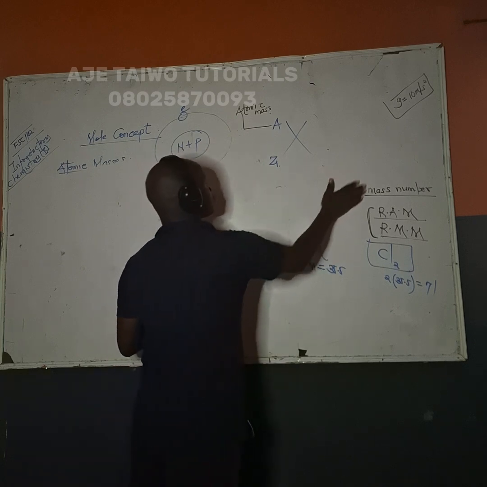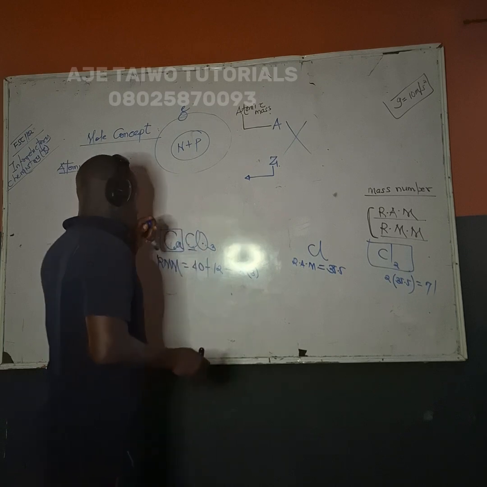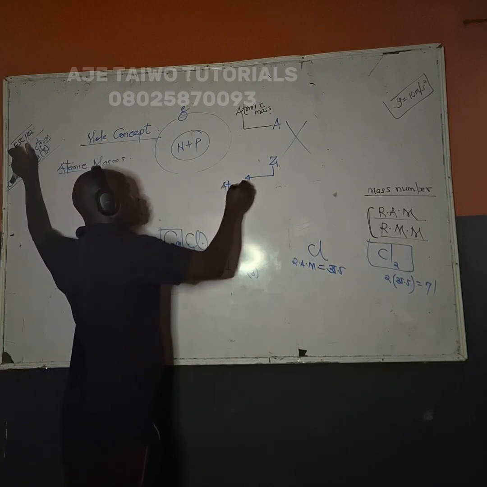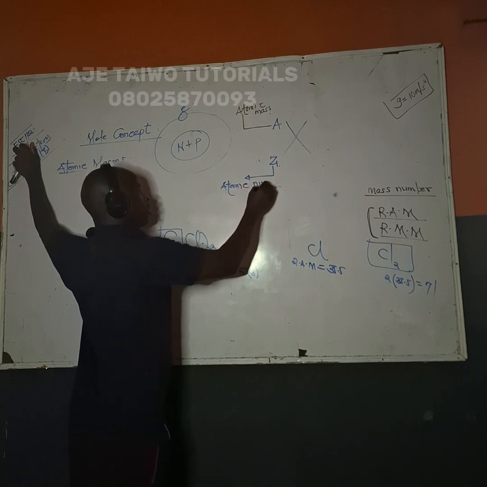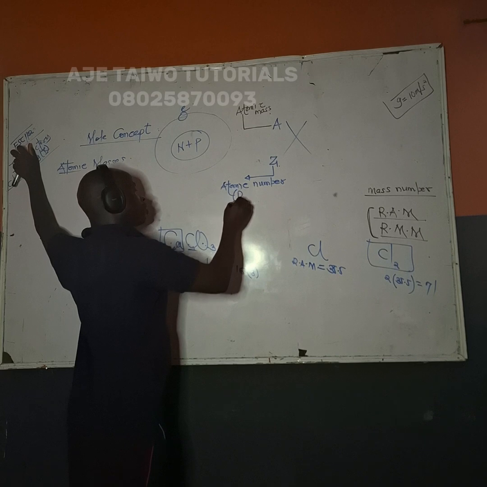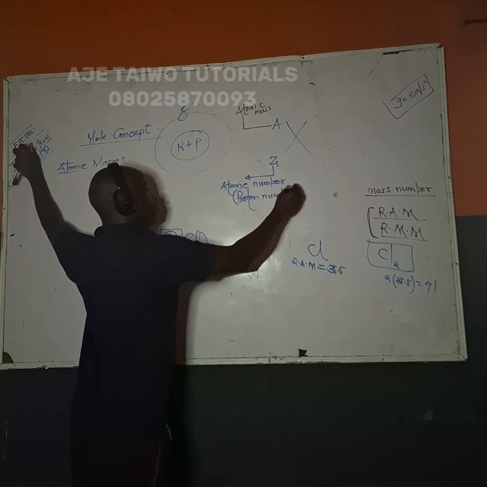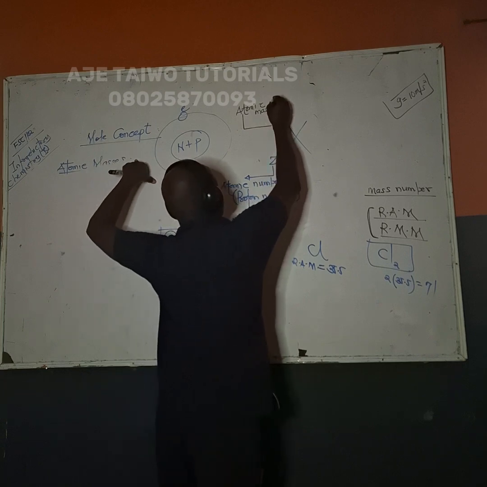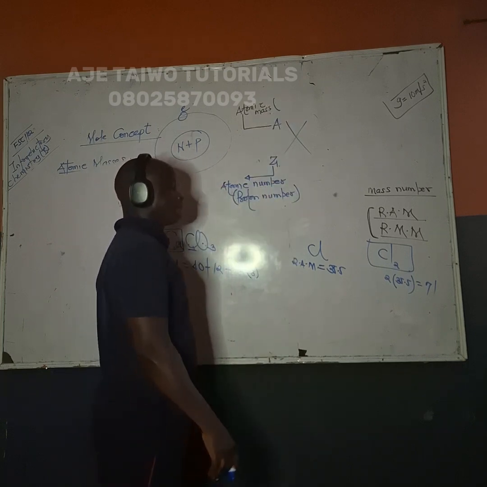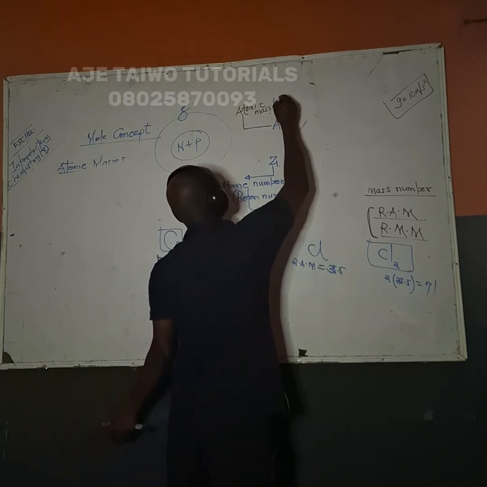So let's go on. This Z, what do you call it, class? Atomic number. What's another word for atomic number? Proton number. What's another name for atomic mass?